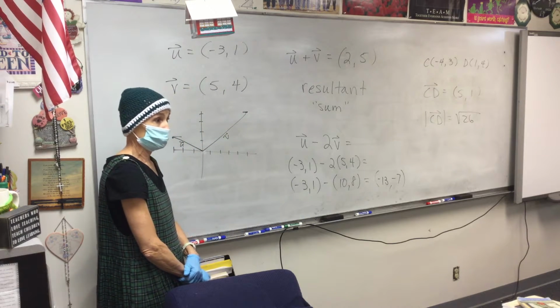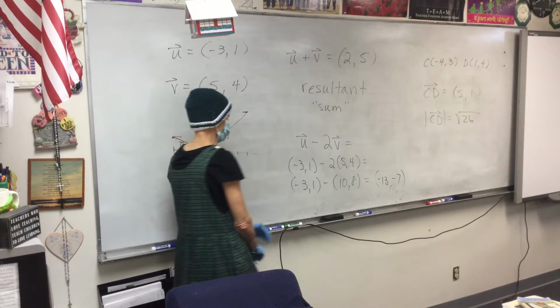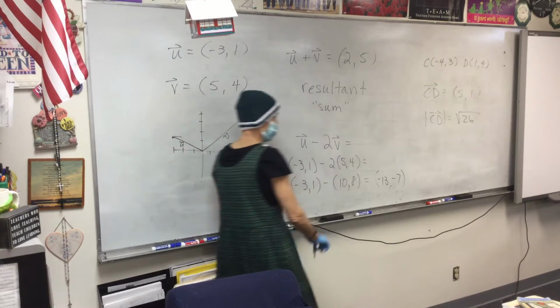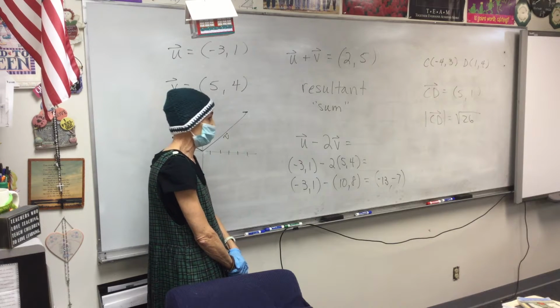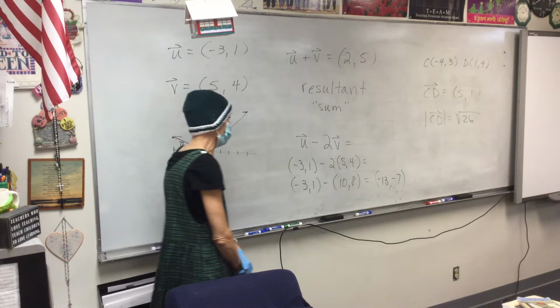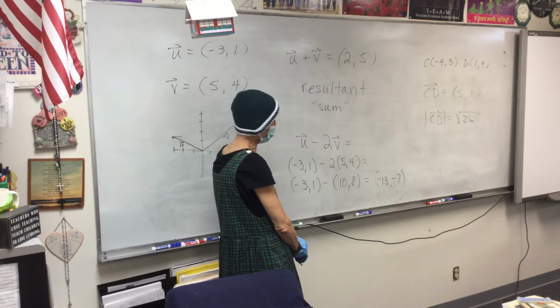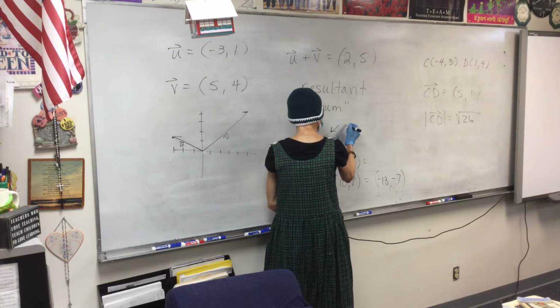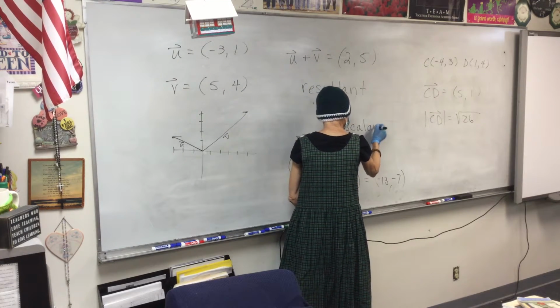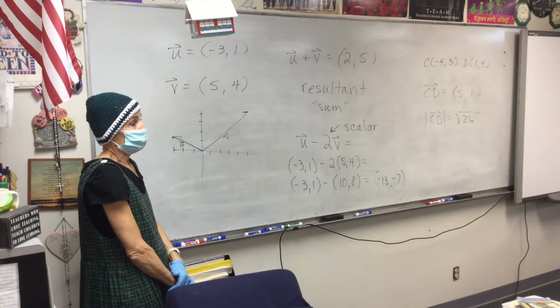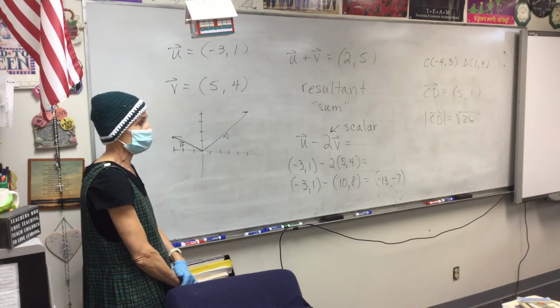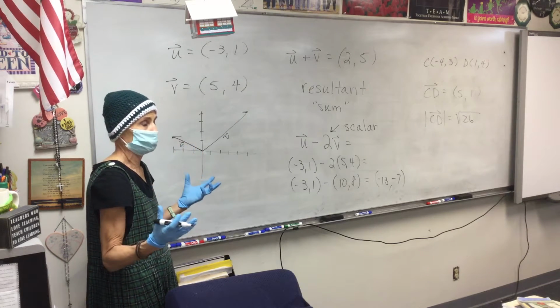Now there's another vocabulary word I need to throw in here. When you saw that 2 right there, what did you think of him as? A coefficient, right? Well, in vector or matrix land, we don't call them coefficients, we call them scalars. He's a scalar. So what is a scalar? A scalar is simply a real number.